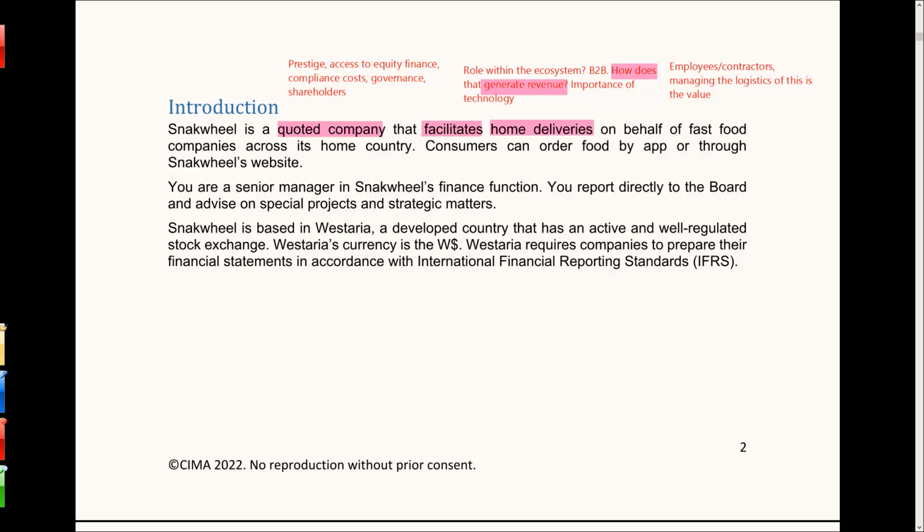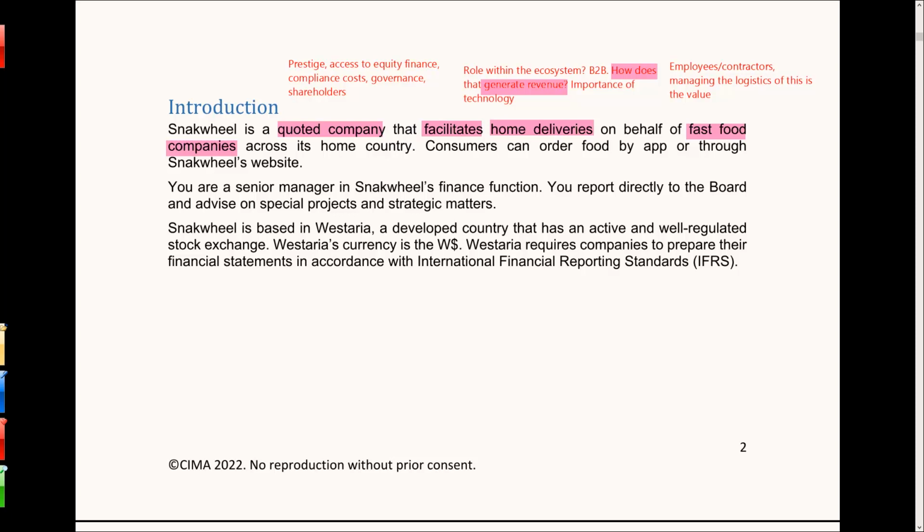So Snakwheel is a quoted company that facilitates home deliveries on behalf of fast food companies. So this is another element. Obviously Snakwheel isn't a fast food company itself, but the fast food industry is obviously key to its operations, its success, and also its strategic plans.